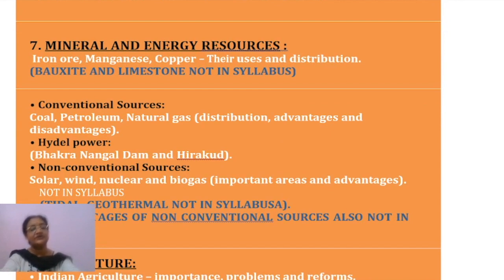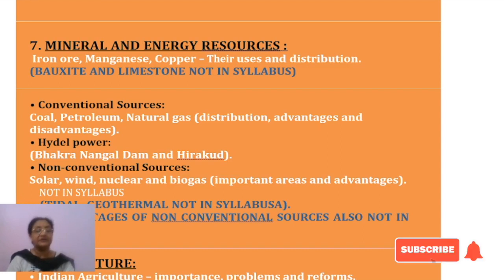Under this, coal, petroleum, natural gas, all these are there, their distribution, advantages and disadvantages. And regarding hydroelectricity, Bhakra Nangal Dam and Hirakud Dam, right? There you can study the various states which have benefited from these two projects, and the different purposes fulfilled by these two hydroelectric projects. Okay, all this we have to study.